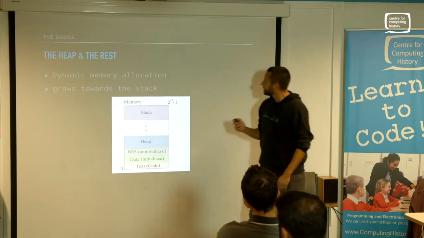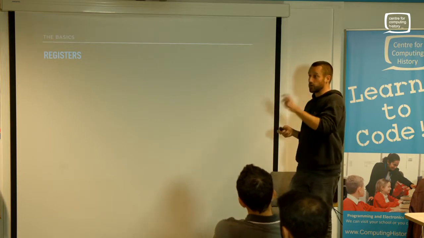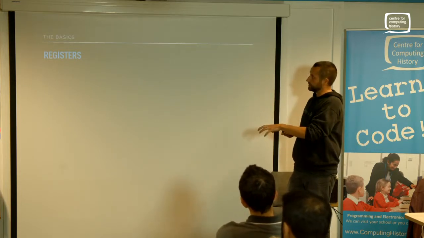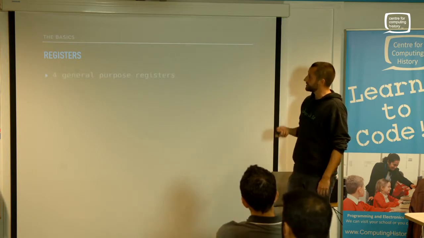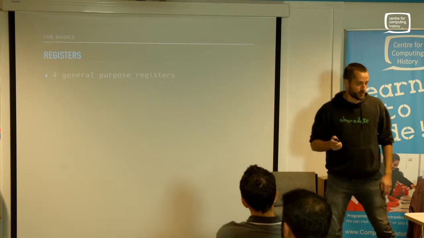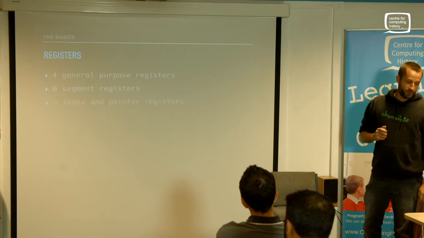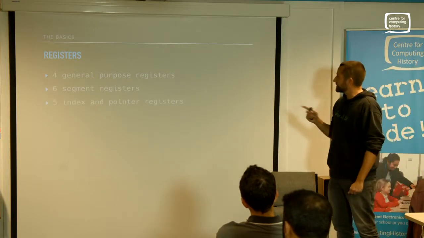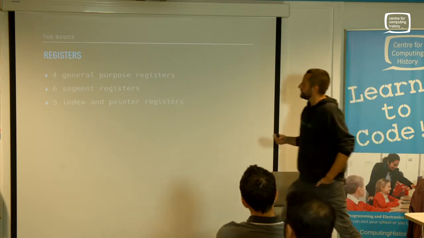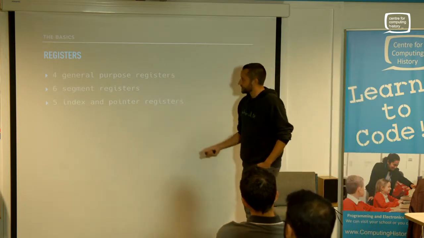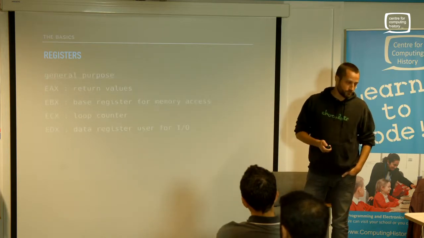And then moving on, we're going to cover the registers now. These registers on the CPU basically behave like small chunks of memory, and they're really fast. There are 4 general purpose registers, 6 segment registers, and 5 index and pointer registers. You'll probably see the general purpose and index registers used more than the segment registers early on.